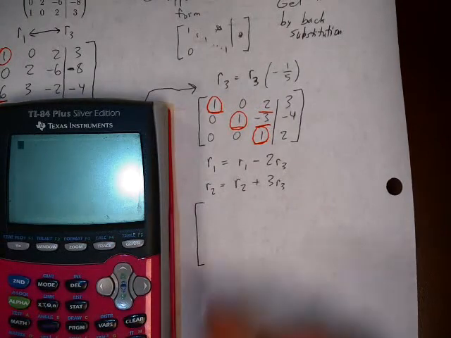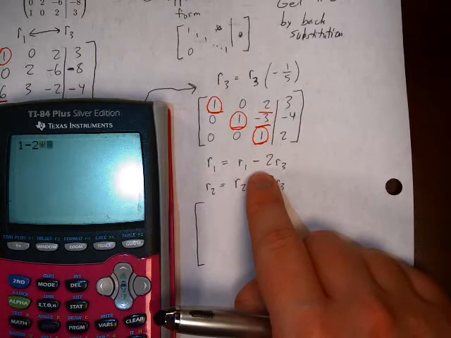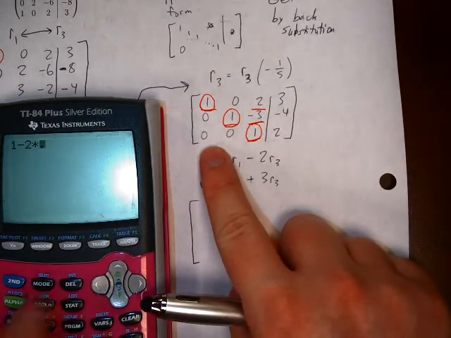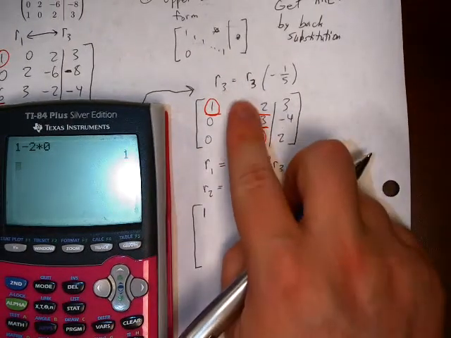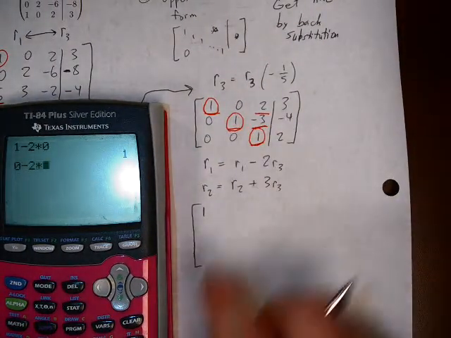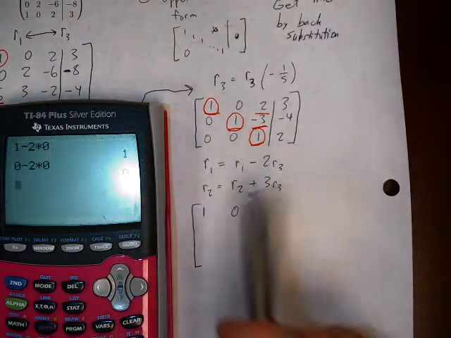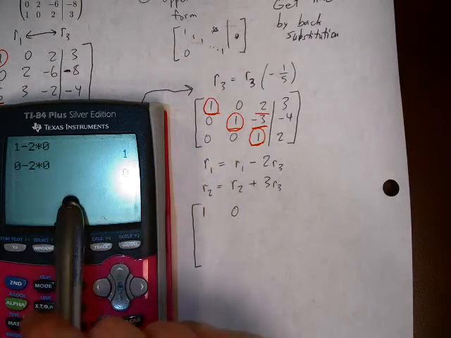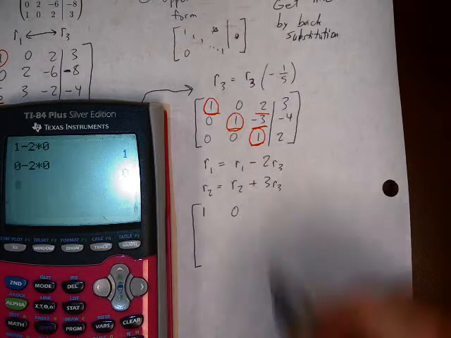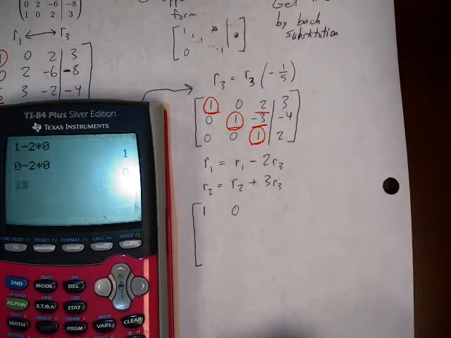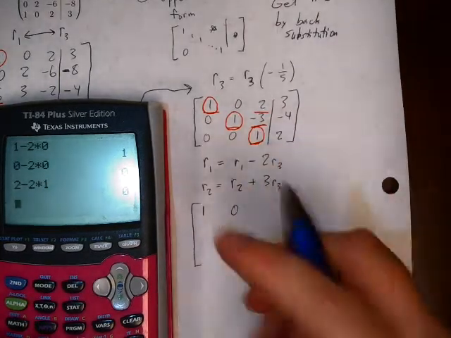Row 1, the first entry will become 1 minus 2 times whatever's in row 3, which is 0 in that spot, which is 1. The next entry will become 0 minus 2 times 0, which is 0. You might ask yourself, if I know these are zeros, do I really need to be doing these steps? The answer is, it helps for practice's sake. Next entry should be 2 minus 2 times 1, which is 0.